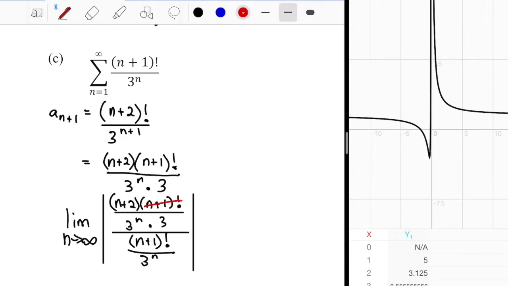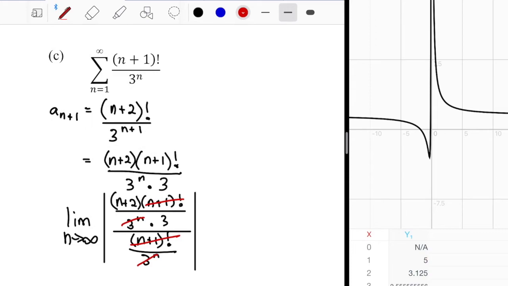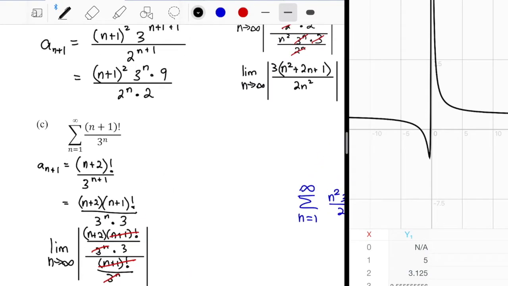So lots of nice cancellations here. So this is going to just be n plus 2 over 3. And that is certainly going to infinity, which is certainly bigger than 0.